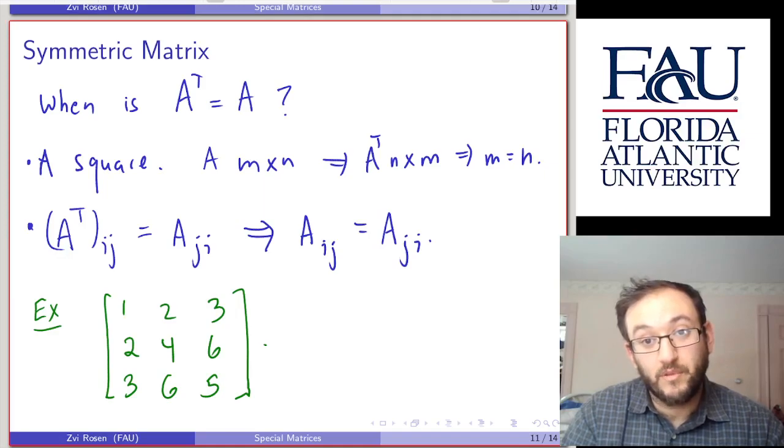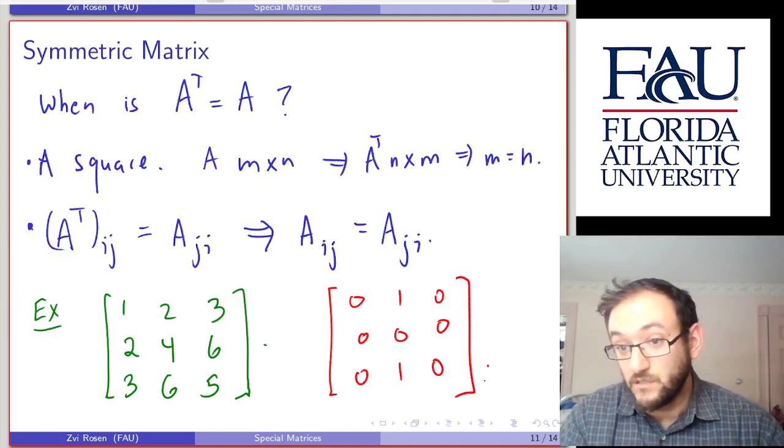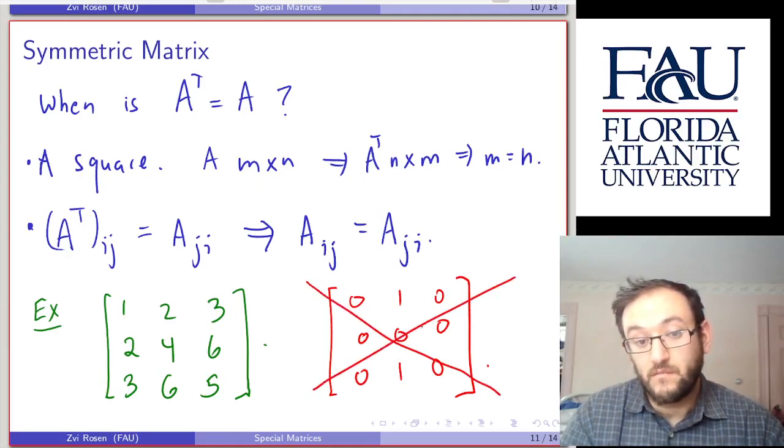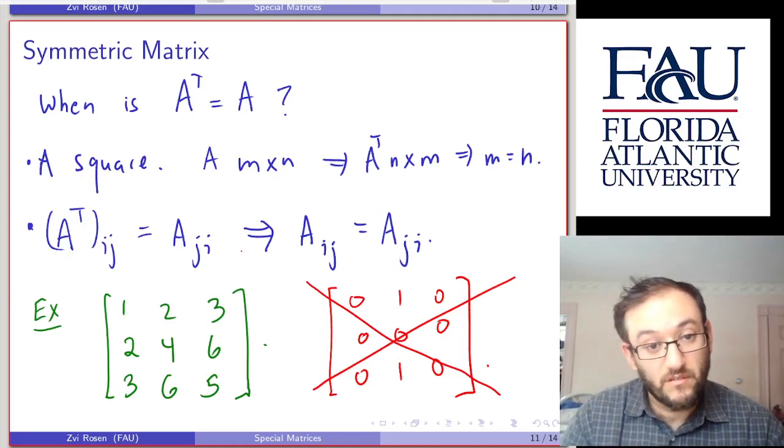A non-example would be a matrix like 0, 0, 0, 1, 1, 0, 0, 0. Even though this matrix looks very pretty, when you swap rows and columns, you'll see that this actually has a different image.